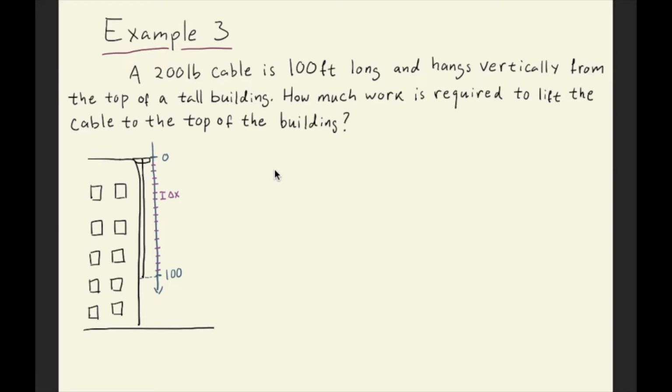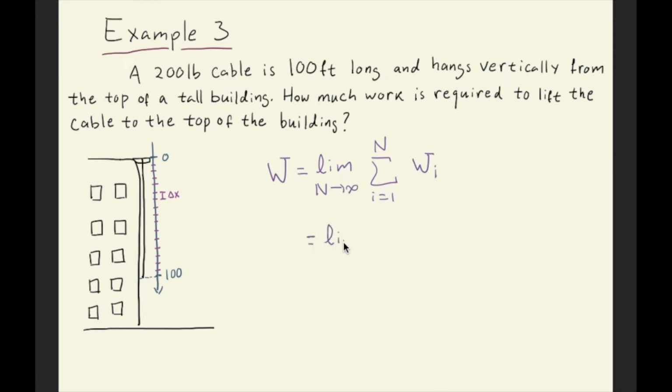We're going to say the work required here is going to be equal to, well, I'll do a limit, right, to make these things become smaller. So n is the number of pieces. You sum from i equals 1 to n the work required to pull the ith interval here all the way up, right? So how to compute that work?